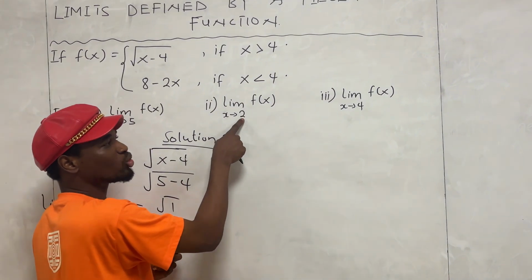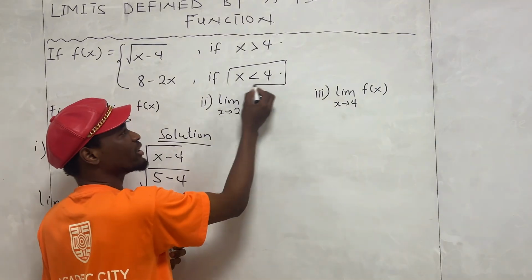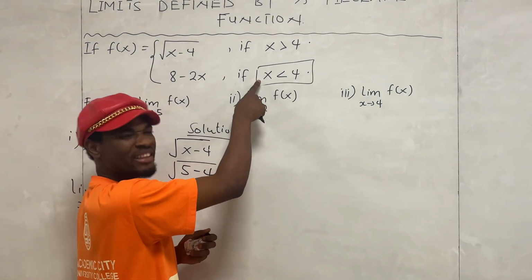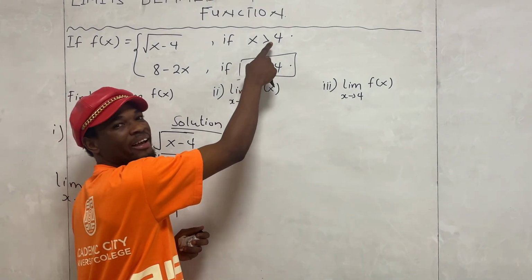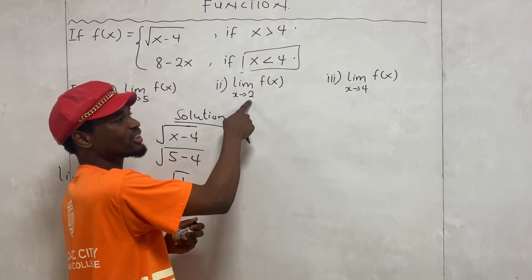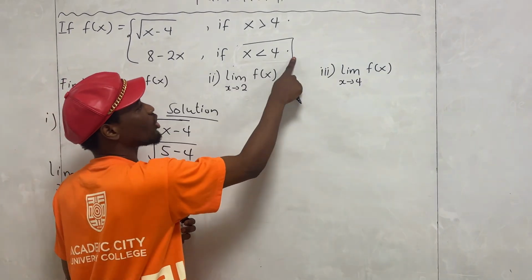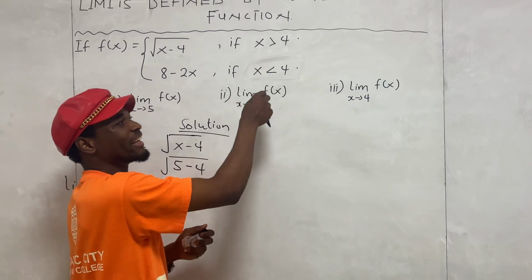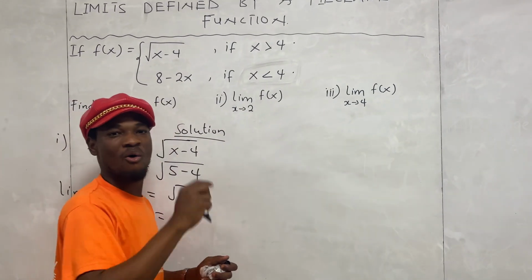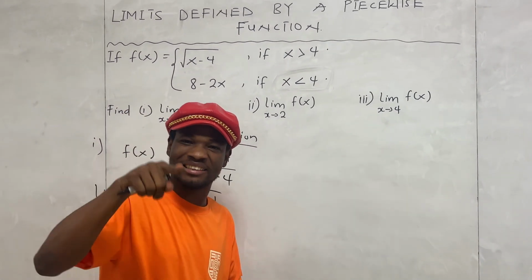So 2 fits into this set of intervals. 2 wouldn't fit here because we are saying x is greater than 4, while we are considering 2. As a result, we are going to employ this, since x is less than 4 and 2 is less than 4.